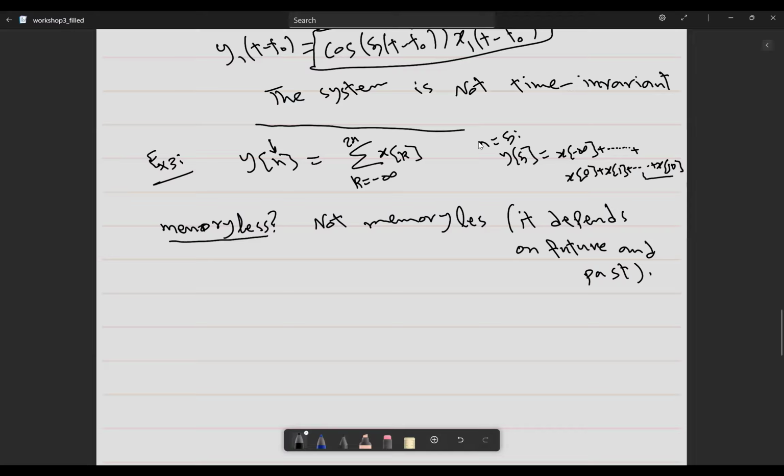From x5, somewhere here, we have the x5. From here and after this point, we have the future, and before this point is the dependence on the past. So this system depends on both past and future. Okay.